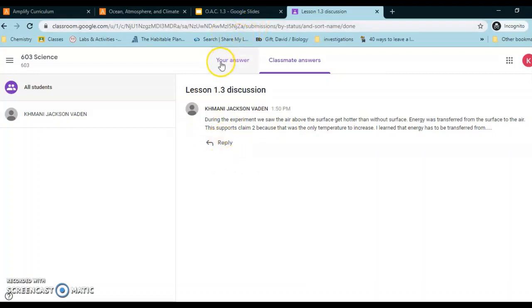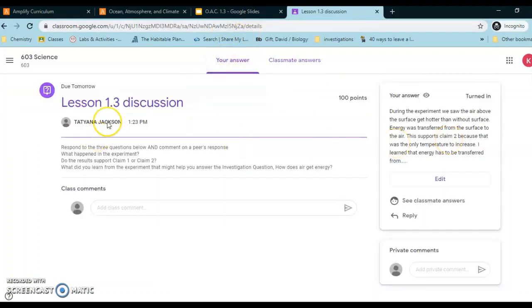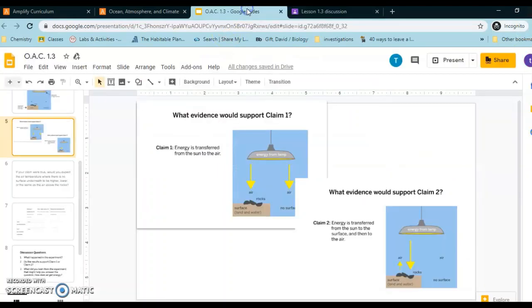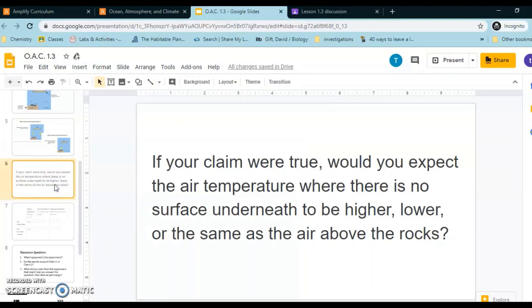So remember that you get your full points by not only answering the question, but also commenting on a peer's response. That's the only way you're going to get all 100 points. So now that we've checked off our discussion, we got something done today. Boom, boom. We already got 100 points in the bag for today.